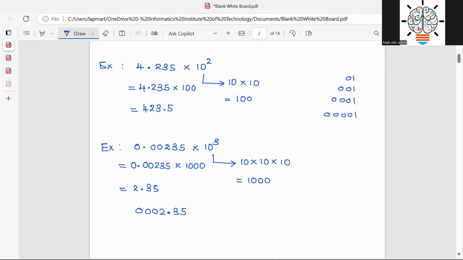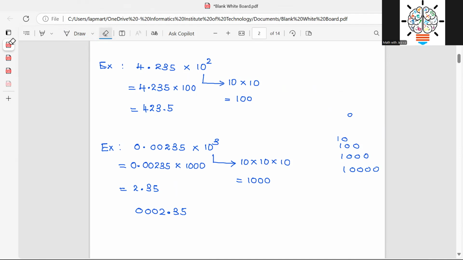Nothing changed. But if I add zeros to this side, the value is changing. If it is a whole number, if I add 0 to the left side, nothing happens, but if I add zeros to the right side, it changes the value. So this is for whole numbers.